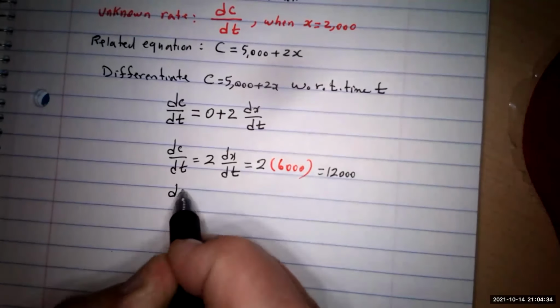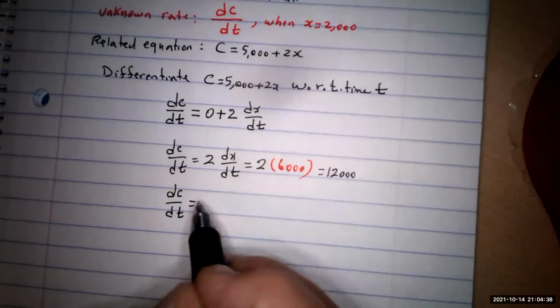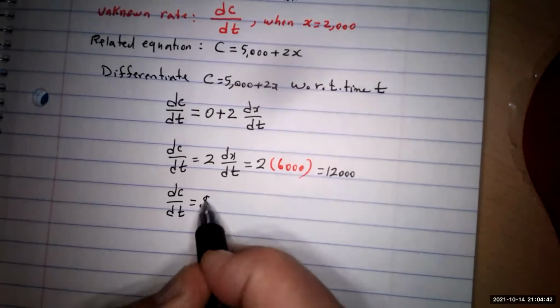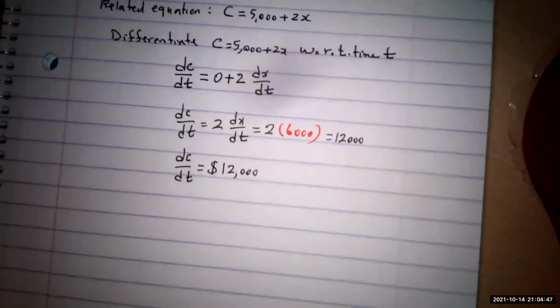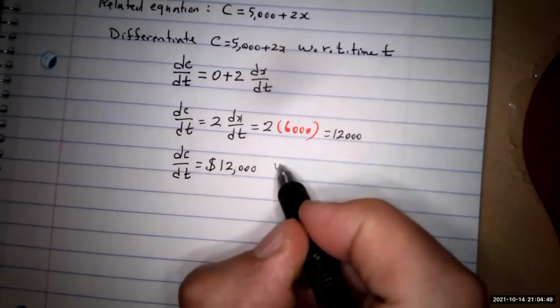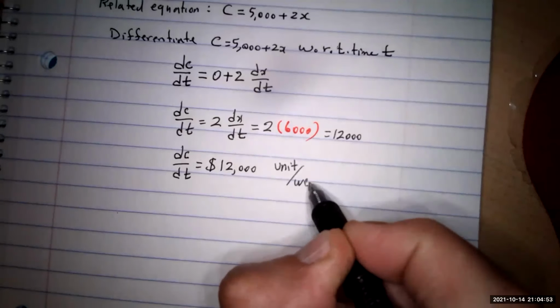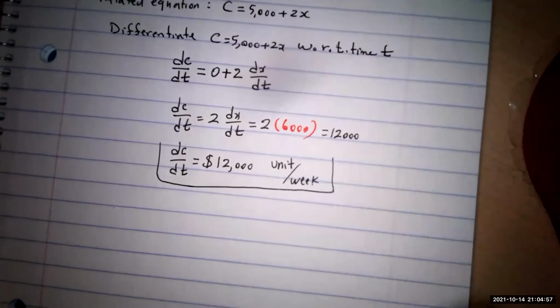So the rate of the cost, dc/dt, is going to be $12,000 per week. So this is going to be the rate of the cost of the production.